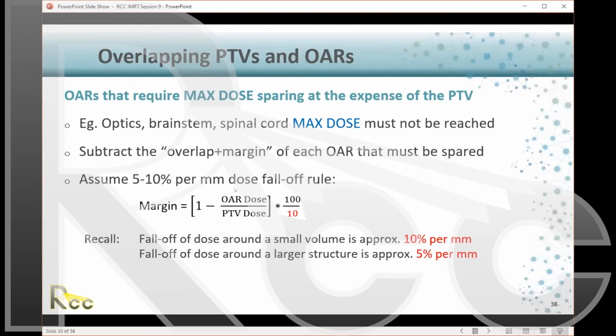Again, when we think about the margin that we're going to subtract, we use that same formula we looked at before, but instead of PTV high and PTV low, it's our organ at risk dose over our PTV dose. In this case, if we're thinking about the head, it's often a small PTV, so we'd use maybe a 10% per millimeter dose fall off in that case.